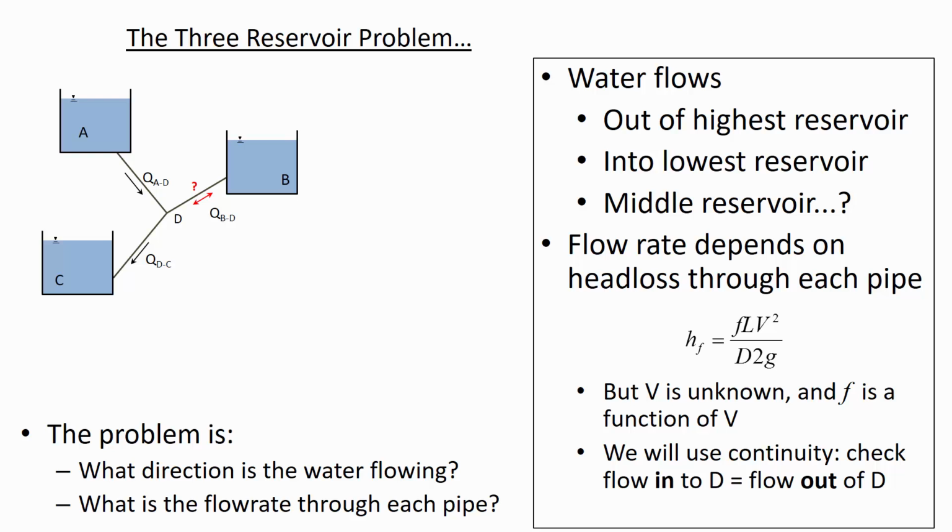Because if it's not, then we have to change our guesses in a certain direction. We either have to raise or lower our initial guess of how much energy there is at D. That's one of our starting guesses: we have to make an estimate of the total head that's available at D. Okay, so lots of uncertainty here.